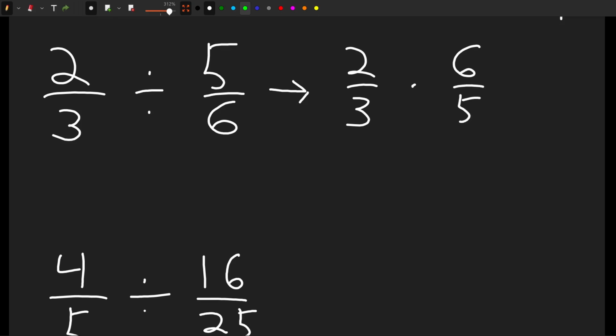Now, here we can realize that 2/3 will remain the same, and then 6 can be simplified to 2 times 3 over 5, and we are then left with the 2. 3 on the top and the bottom will cancel out, and we are left with 4/5.